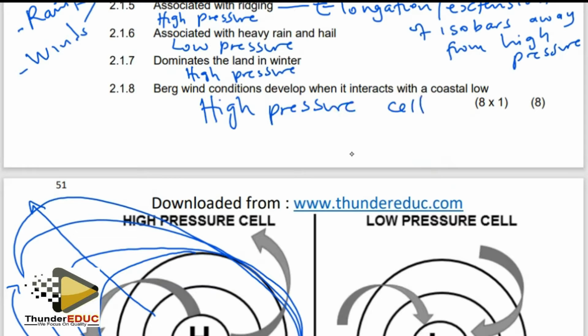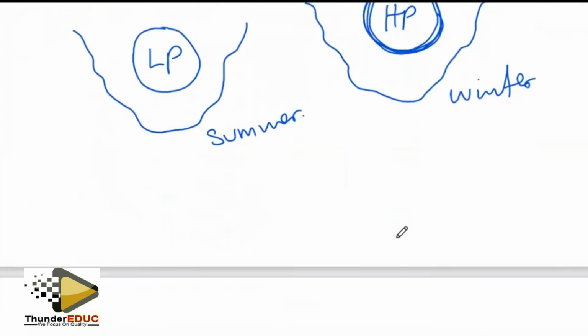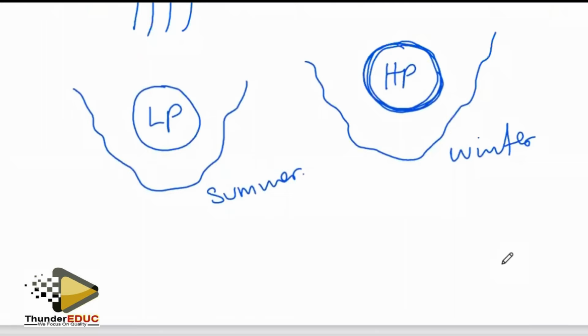If I can illustrate that on a diagram, it means if this is our high pressure cell, we are going to have our coastal low here, marked L.